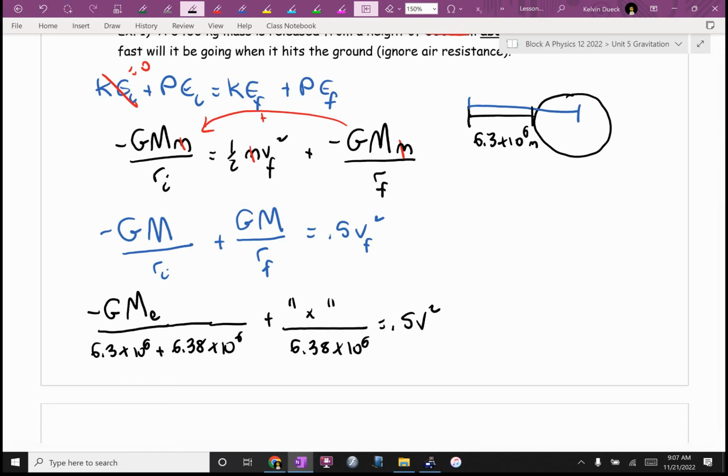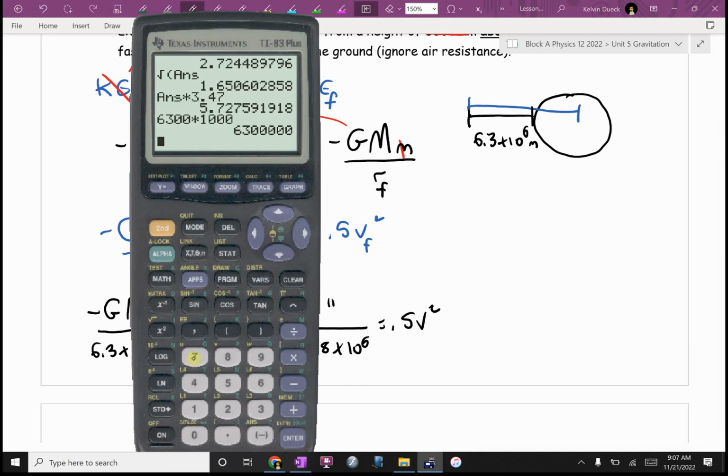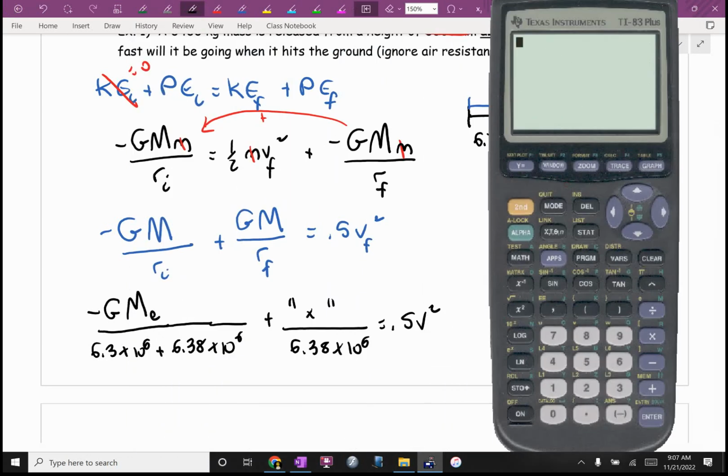So get your calculators out. Here's my advice. We're not going to type both of these. Type the first one in very, very carefully. If you have your fraction button, use that. Otherwise, it's negative 6.67, scientific notation button, negative 11 times 5.98, scientific notation button, 24, divided by, is there more than one thing on the bottom?